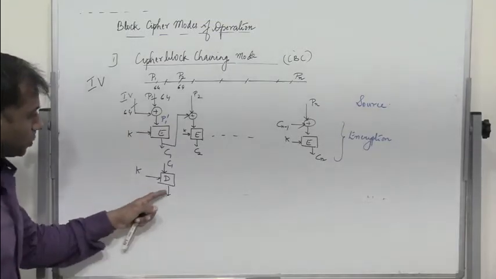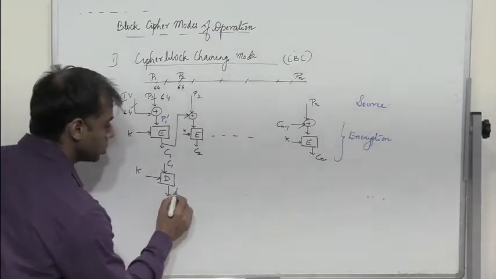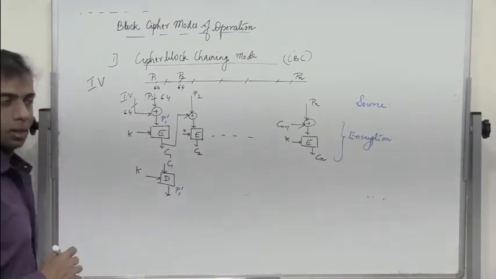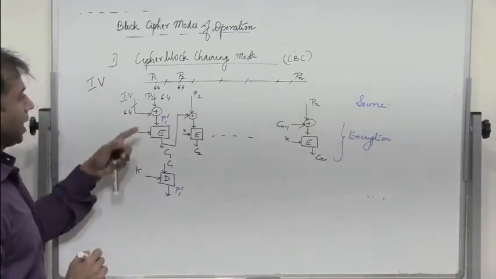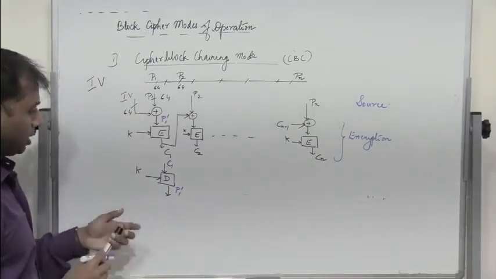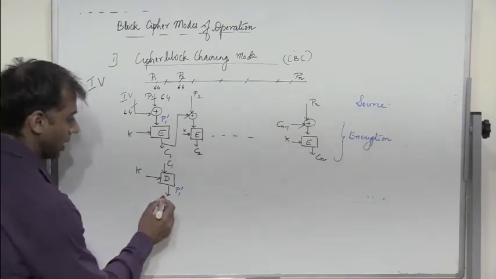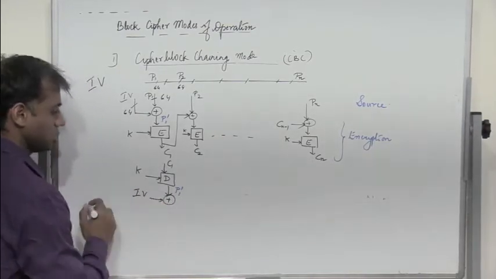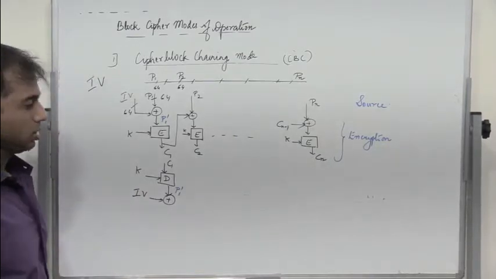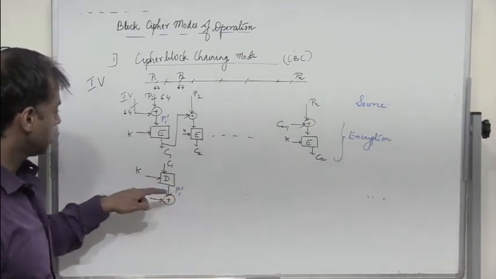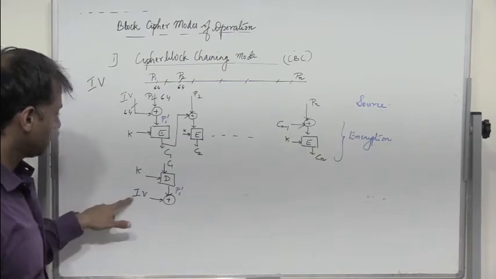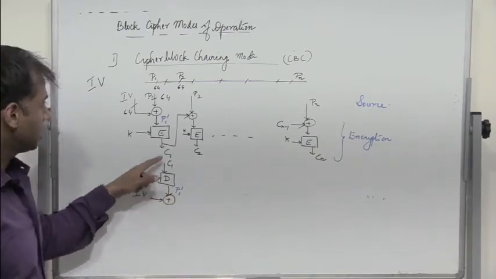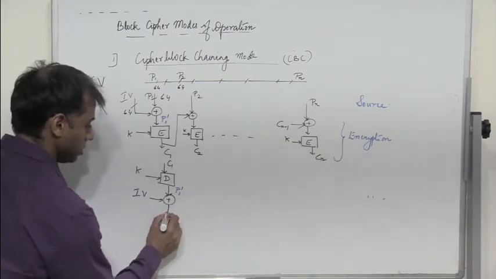So therefore the output of the decryption algorithm happens to be P1 dash. Okay, so now how do I get back P1? We get back P1 if this data P1 dash is again XORed with the initialization vector. So if a given data is XORed with the same data twice, we get P1. So P1 is obtained.